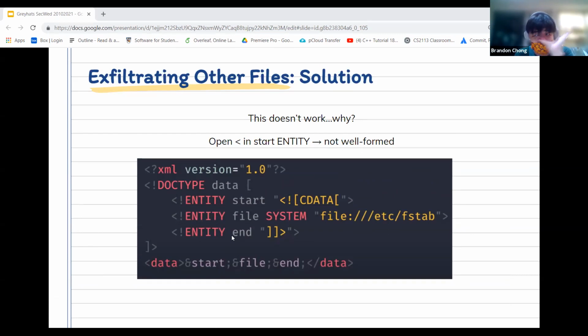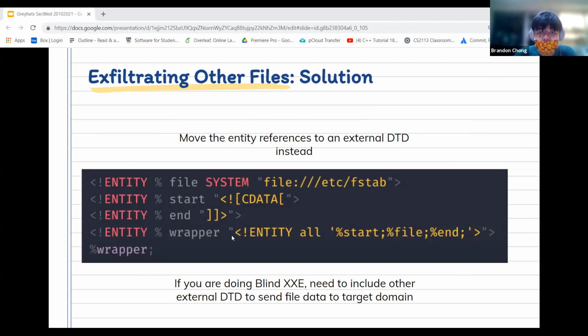The solution to this is to use a combination of parameter entities and external DTDs. So what we do is we just move all the entity references to an external DTD instead, and based on the specification, this will be valid. So this allows us to read fstab.